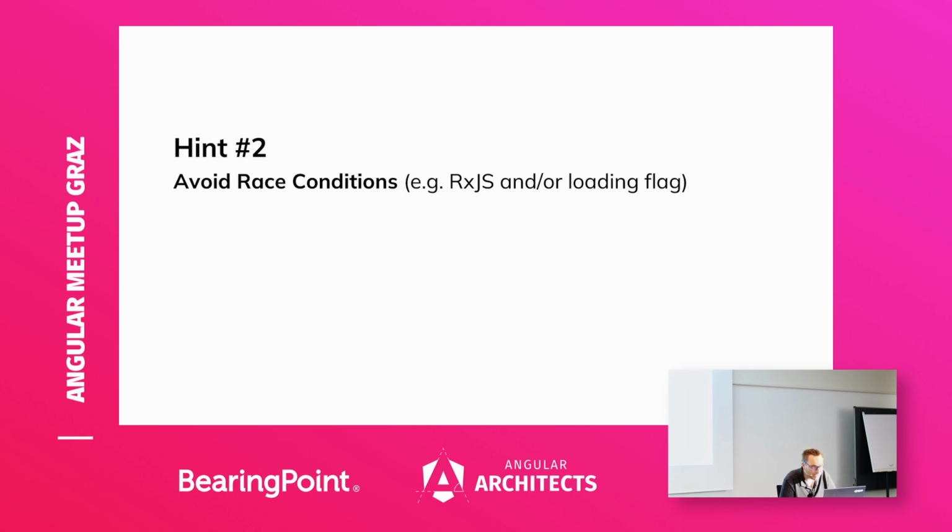And this brings me to another hint, avoid race conditions somehow. RxJS does a great job with switchMap and all his or her brothers and sisters like mergeMap and concatMap and exhaustMap. But in theory and also in practice, you could also just go with a loading flag, and in this case you disable your search button when the loading flag is true.